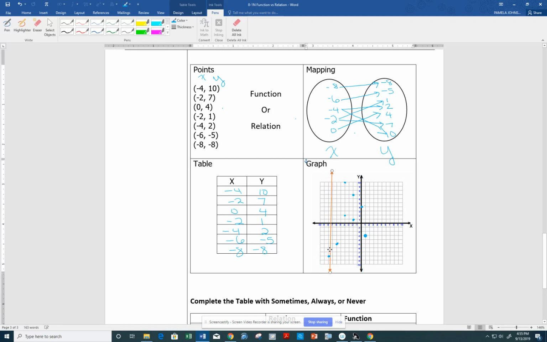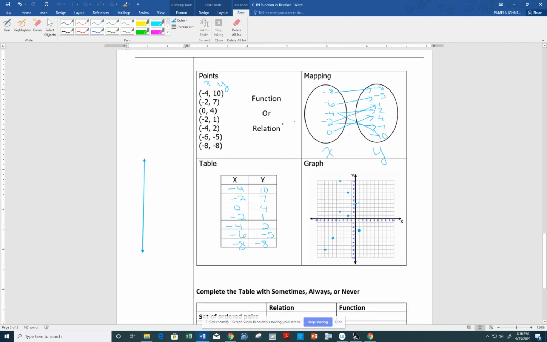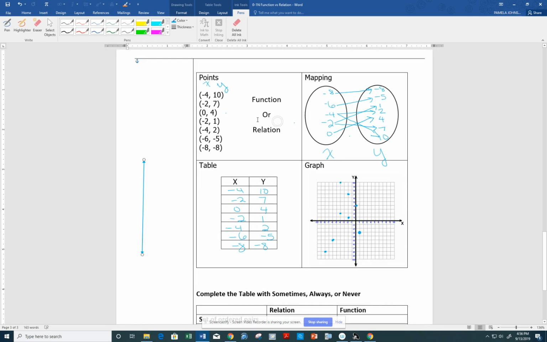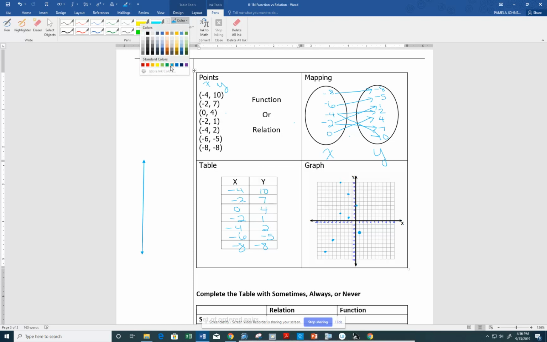If we take this and travel it along, well, look, there it actually hits 2 points. Same here. So there's 2 places along the graph where our vertical line hits 2 points. Because of that, our relation here is just a relation. It is not a function.